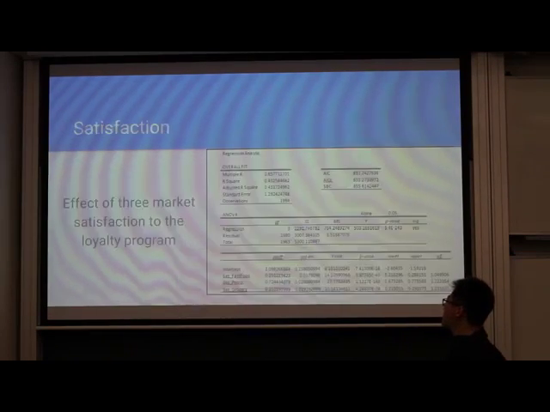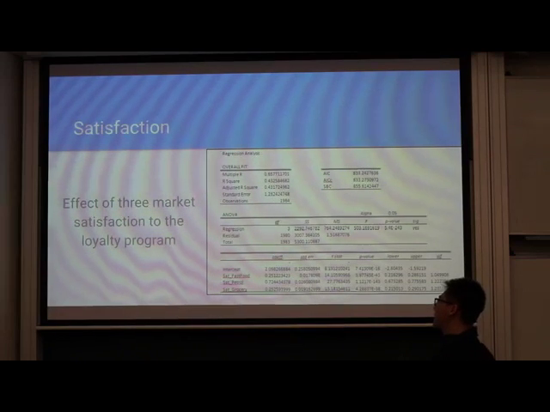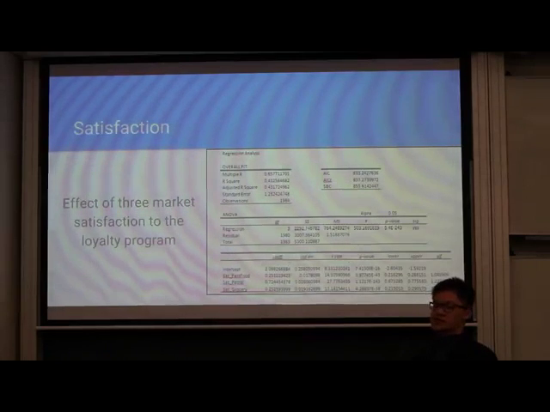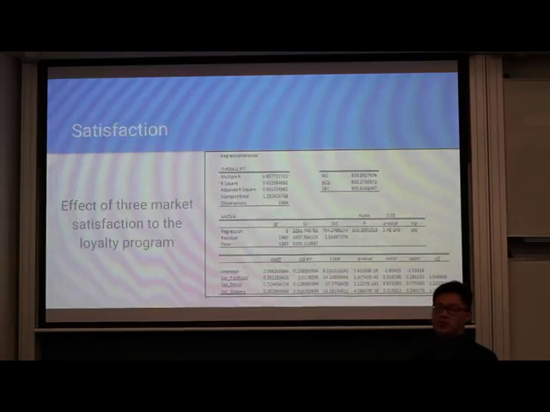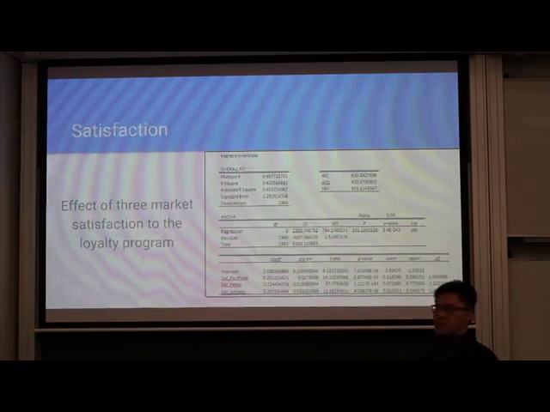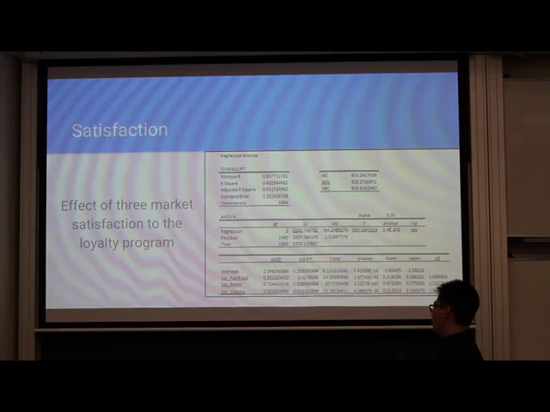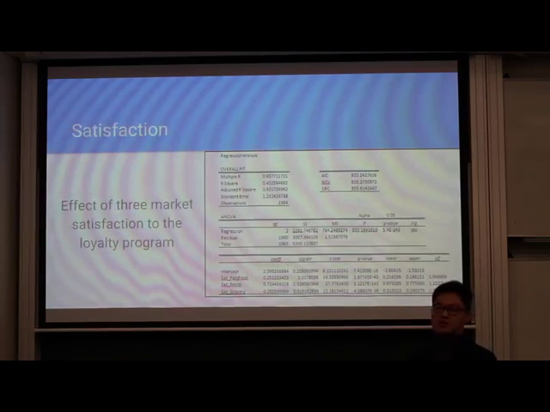Next, we have the satisfaction and the regression analysis for this market from petrol, groceries, and fast food. These 3 satisfactions will affect the satisfaction with the loyalty program overall. And we have petrol as our main contributor, as we have 0.2% of satisfaction that will affect the satisfaction with the program.